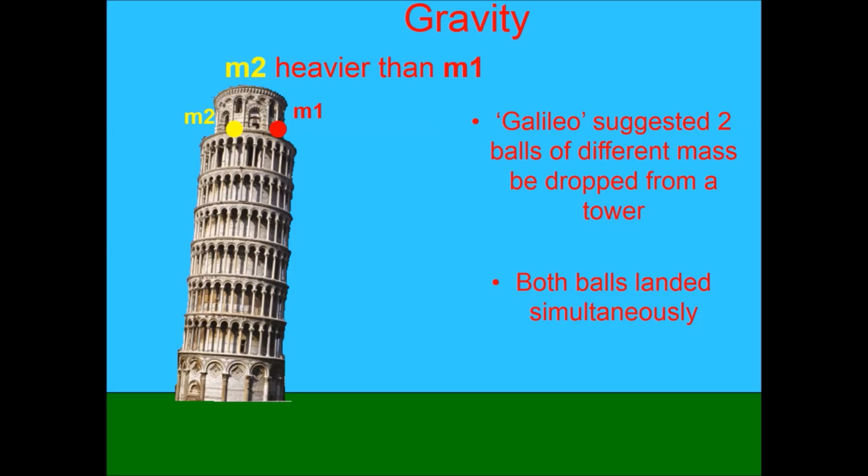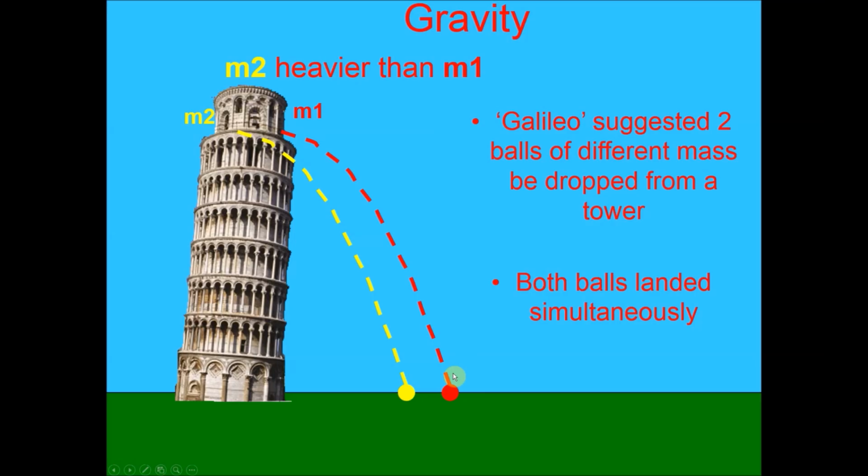So, in terms of gravity, here we have two masses, M2 and M1. If you take both of these masses to the top of a tower and you fling them off at the same time, they will both hit the ground at the same time. It doesn't matter if one is 10 tons and the other is 4 pounds. They will still hit the ground at the same time.